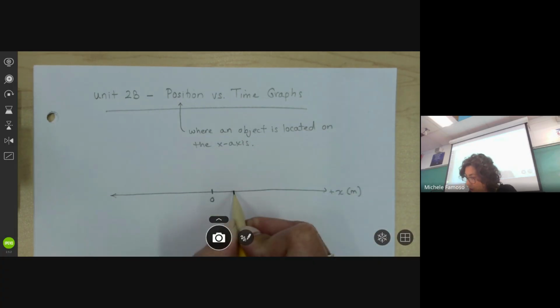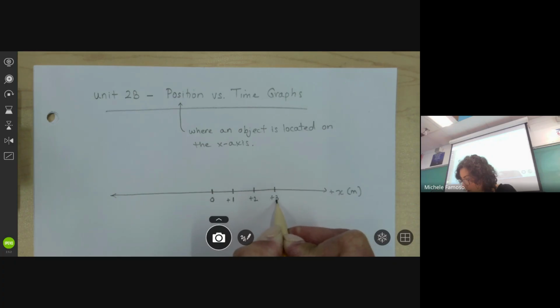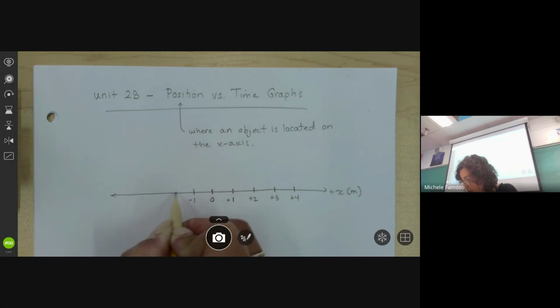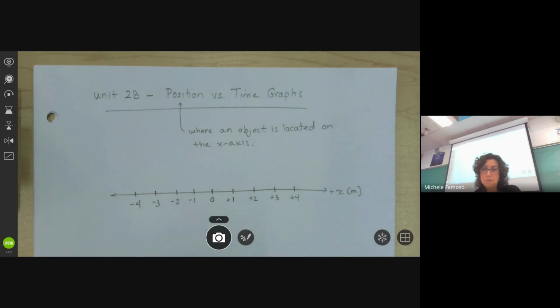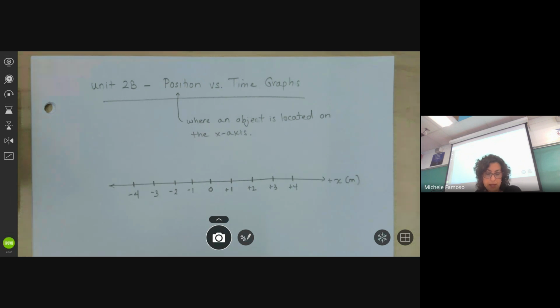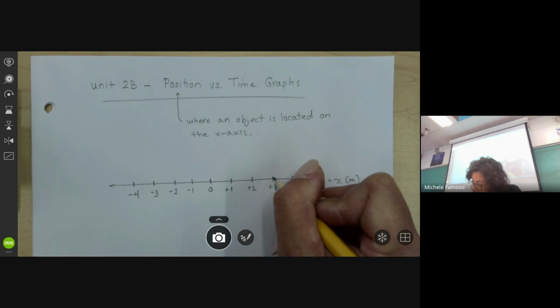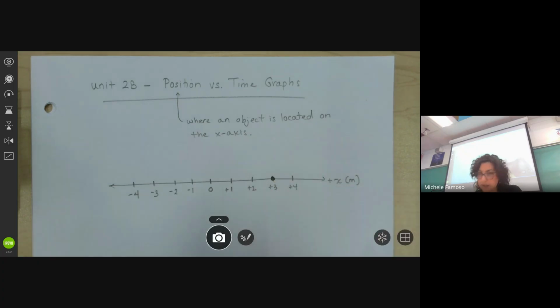So that's our origin. I'd have +1, +2, +3, +4, -1, -2, -3, -4. Let's say I have an object located right there at time 0.